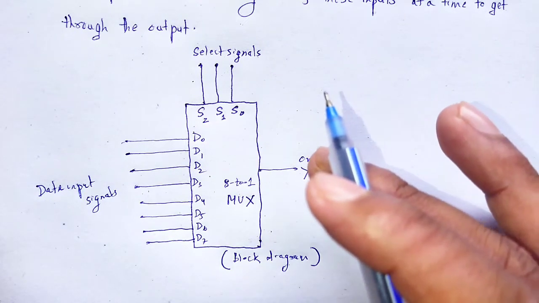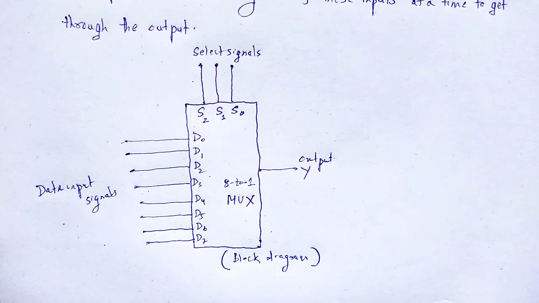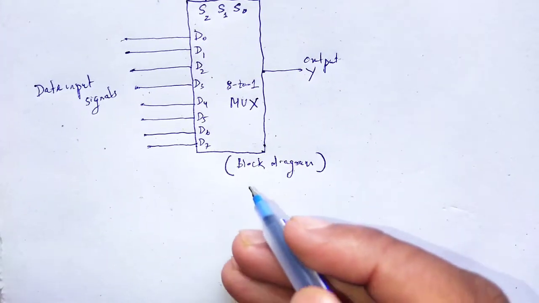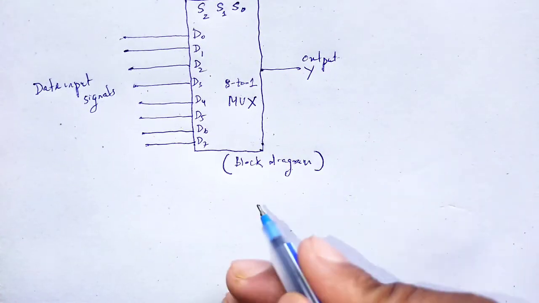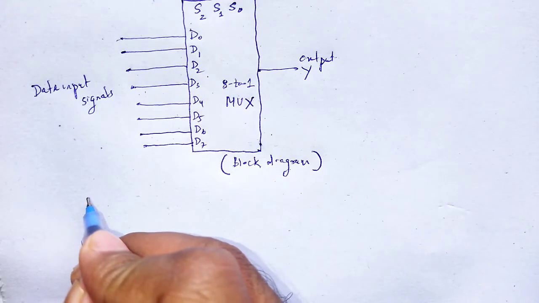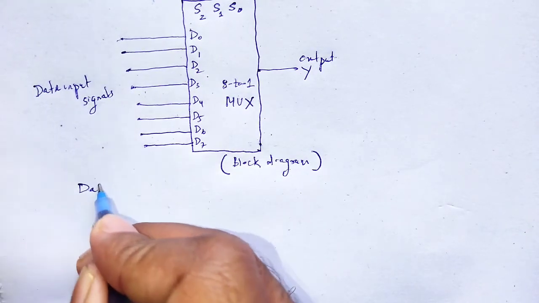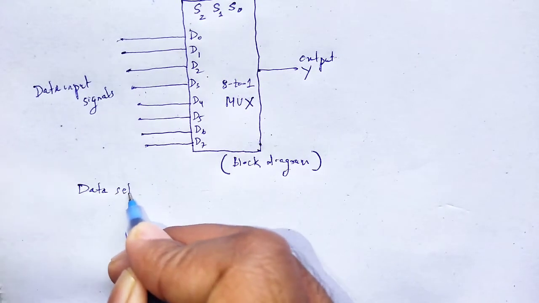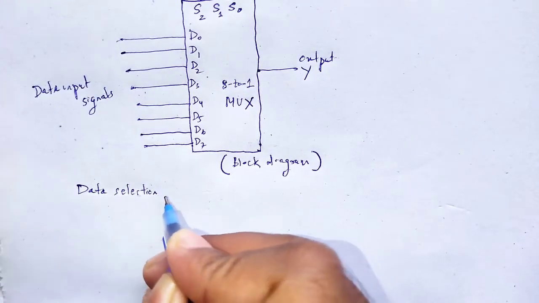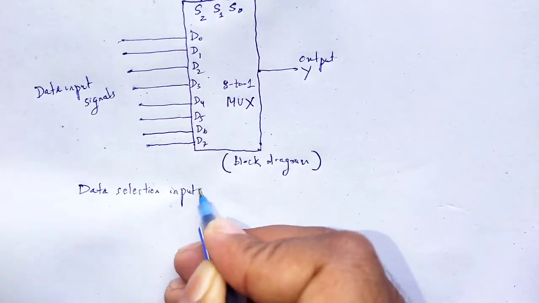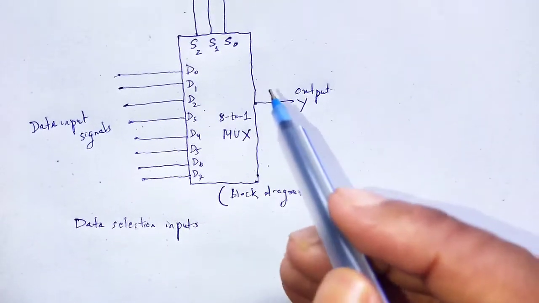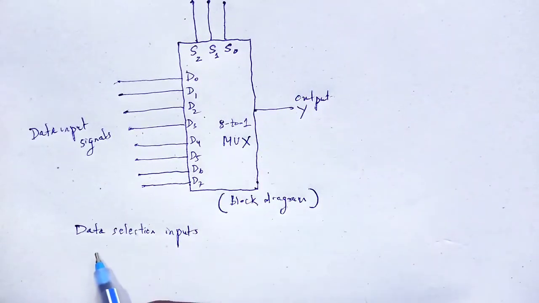From that block diagram, we can achieve the truth table. The truth table for 8 to 1 multiplexer: first, data selection inputs as S2, S1, S0.